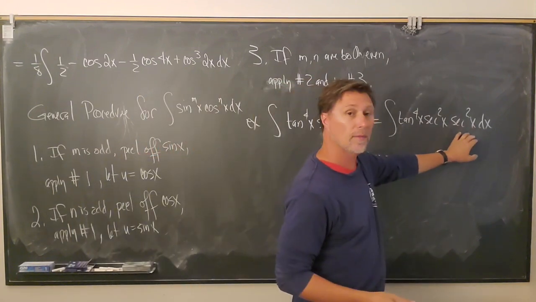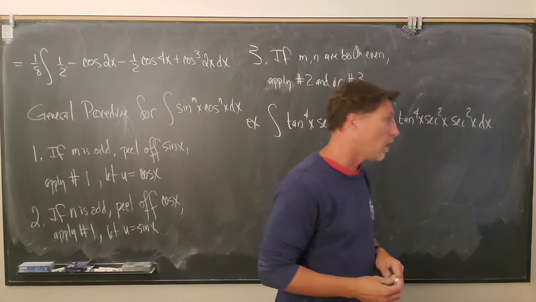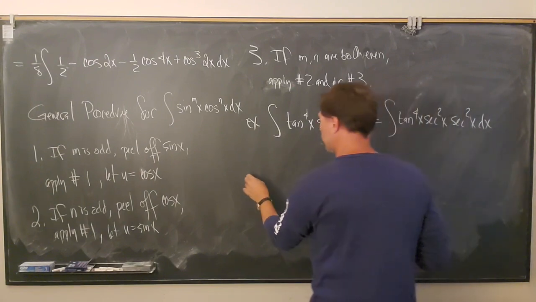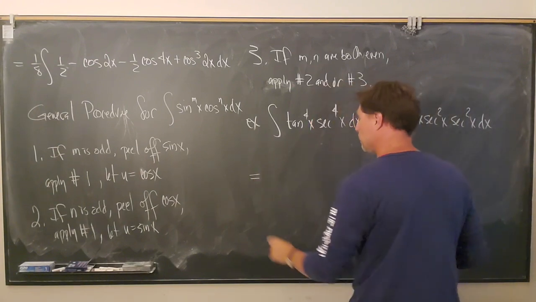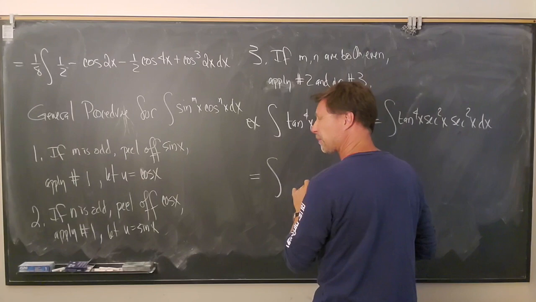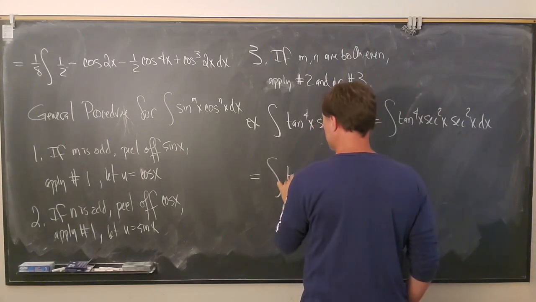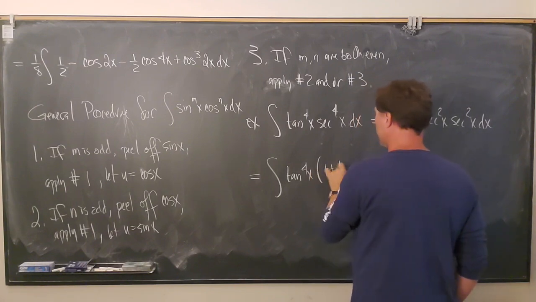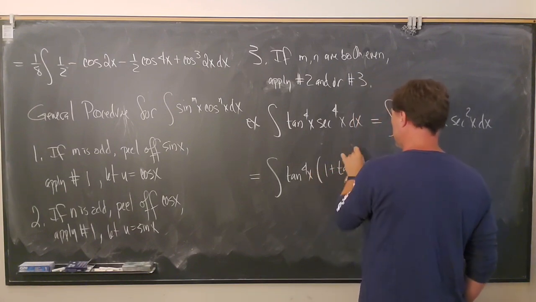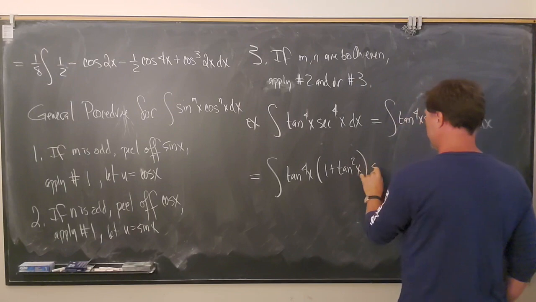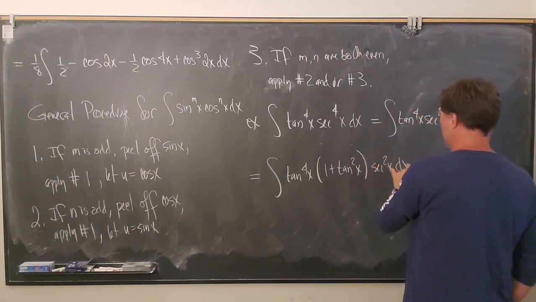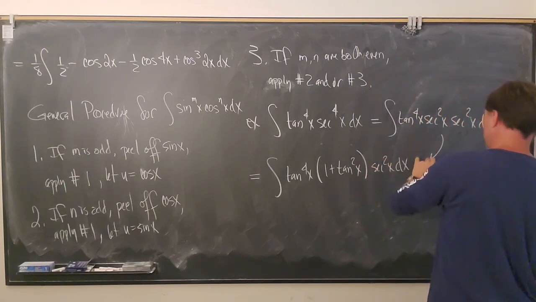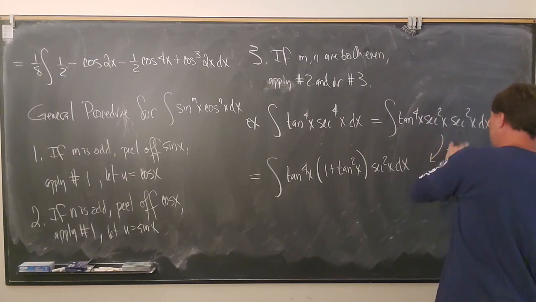That's why I'm peeling off a secant squared. Okay, so now I can apply identity number 4. So we'll have tangent to the 4th x times 1 plus tangent squared x times secant squared x dx. So here what I did is I applied identity number 4.